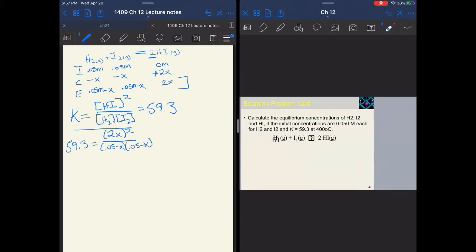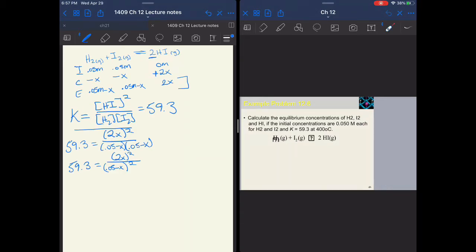Now, we're kind of lucky in this particular reaction because the amounts of H2 and I2 are the same. So I could also write this as (2x) squared over (0.05 minus x) squared. And instead of foiling this and figuring it out with the quadratic, we don't actually have to do that here because we can take a perfect square root of this.